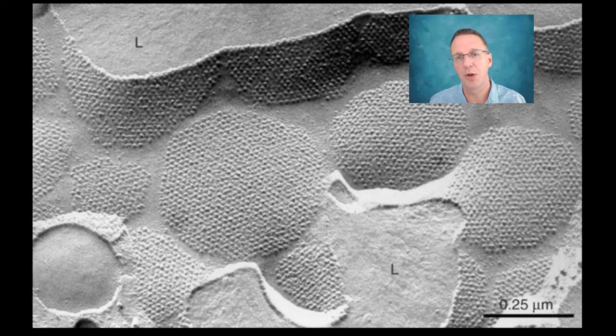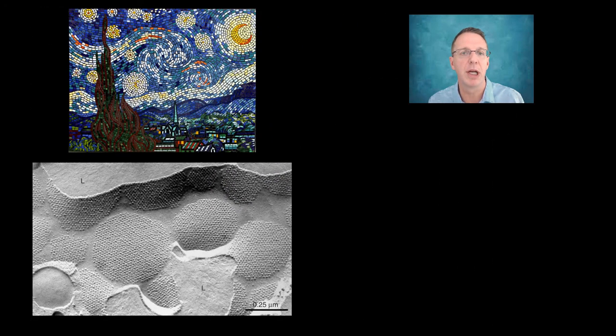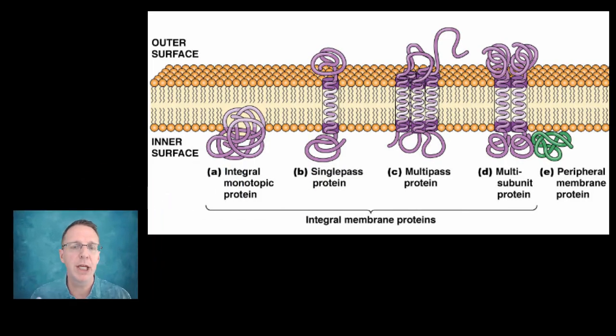So this now gives the membrane a bucket load of functions, which allow us to make connections to so many different concepts in biology. But before we get to those, let's just take a quick look at the basic membrane proteins that are found in the bilayer.